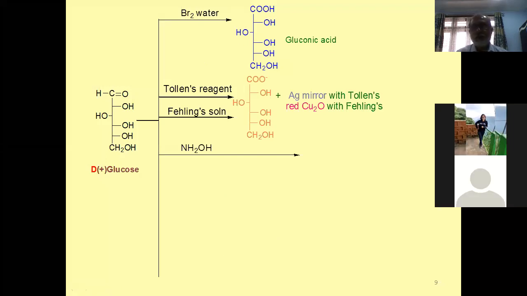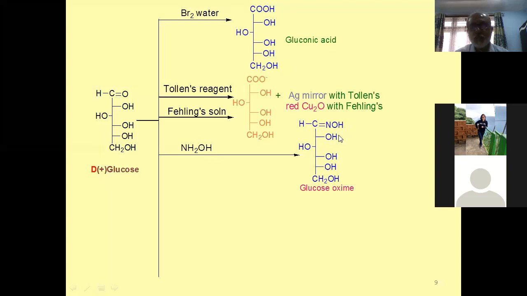So H2O will get removed. So what is the product? C double bond NOH. What is it called? It's called an oxime. Yes, oxime. So from glucose we are getting glucose oxime. The H2O will go out and NOH will be added.